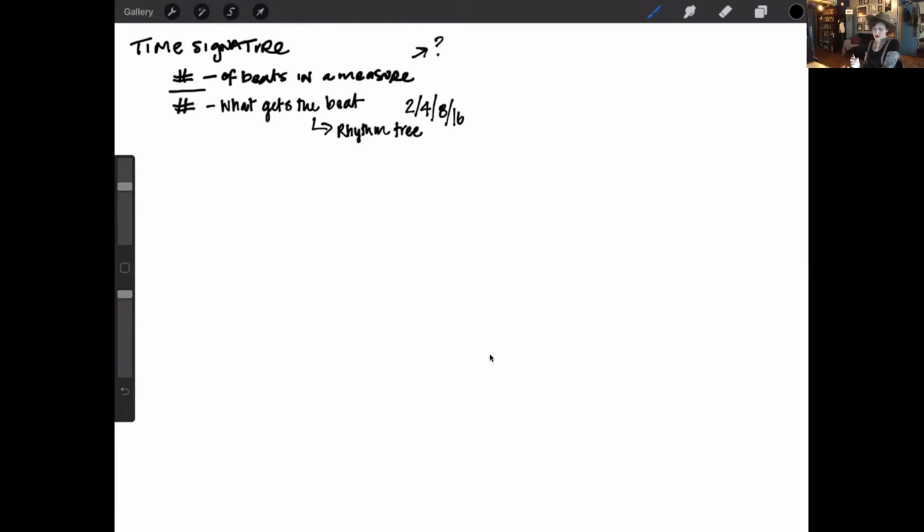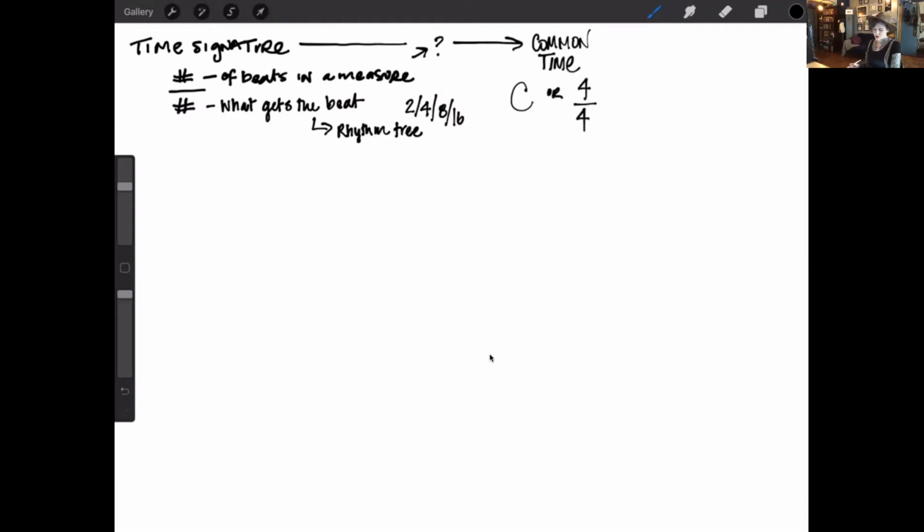However, the one time signature that we're going to be most interested in is the most common one. Common time, which is usually expressed as a C at the beginning of a piece, or again, the time signature 4/4. All right, common time or 4/4.